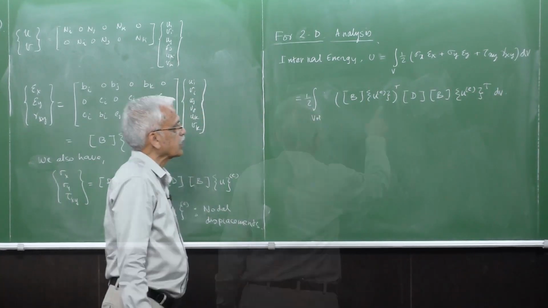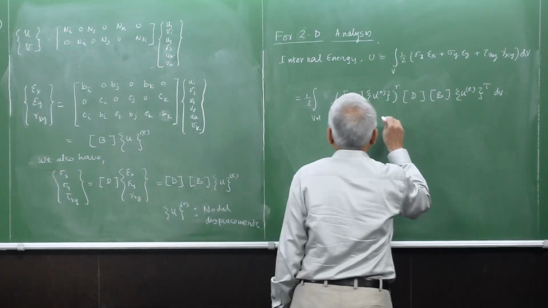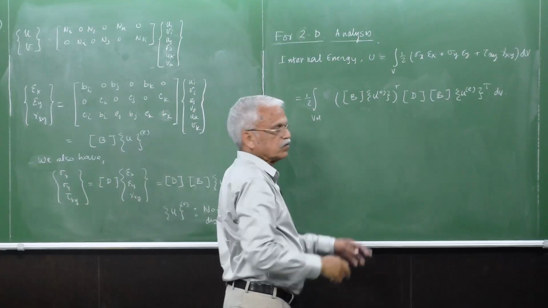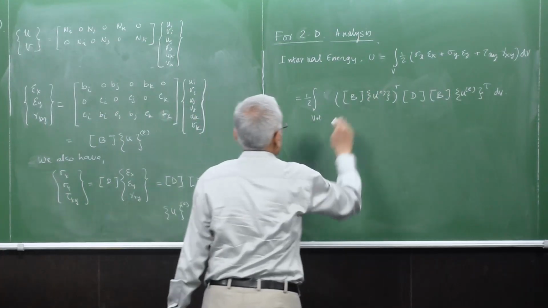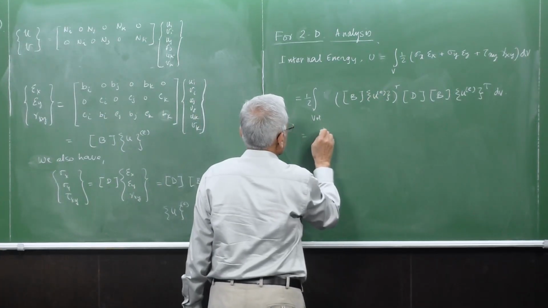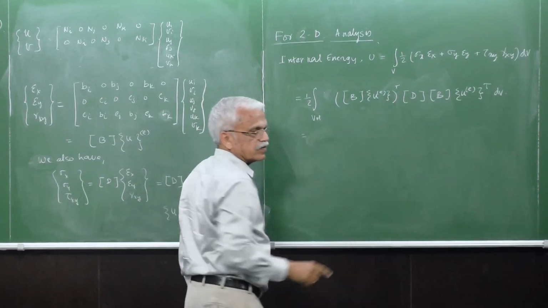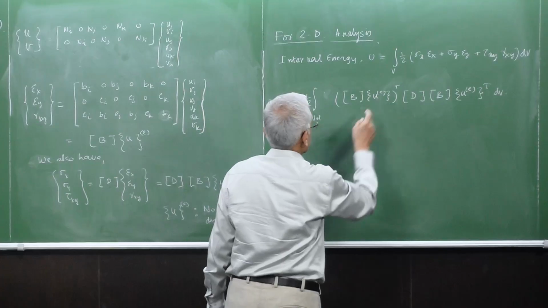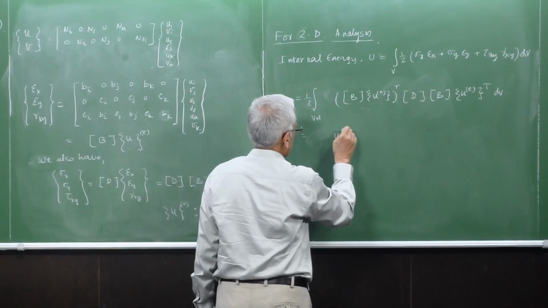Okay, so this is how the complete strain energy will be. So this is the strain part, right? So which is the transpose here. So the transpose of this one, if you expand this one, so that UE comes out.